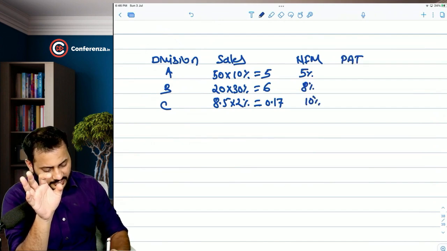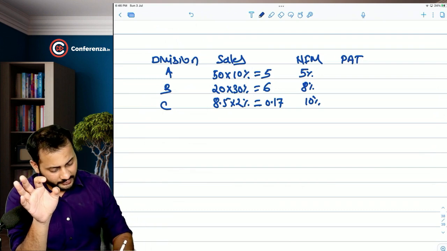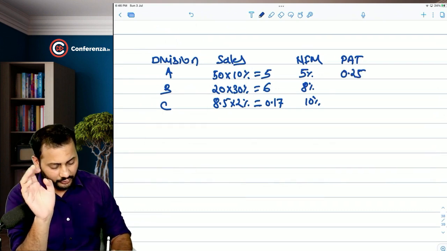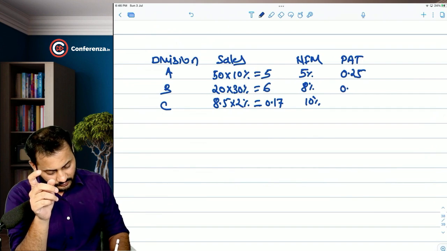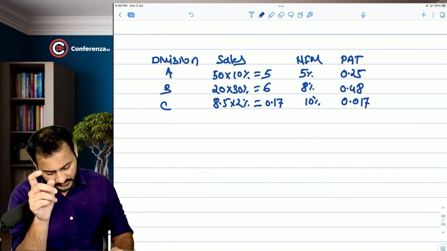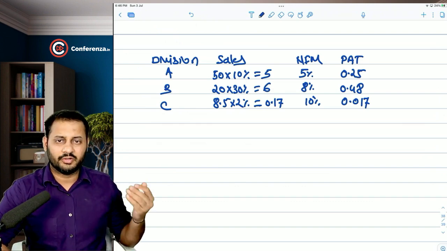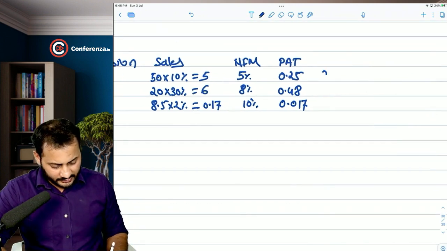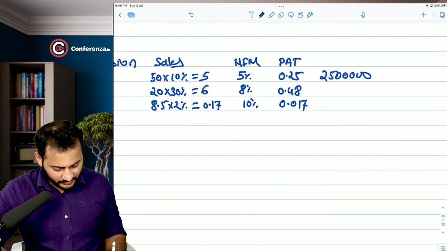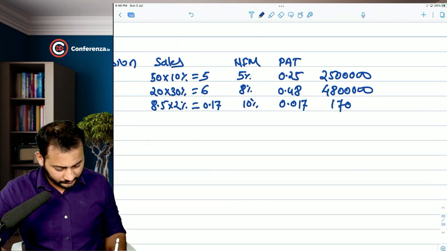The profit after tax here is 5 into 5%, which means 25 lakhs or 0.25 crore, 48 lakhs or 0.48, and this will be 0.017, or 1.70 lakhs. In another sense, we can write down 25 lakhs, 48 lakhs, and 1,70,000.